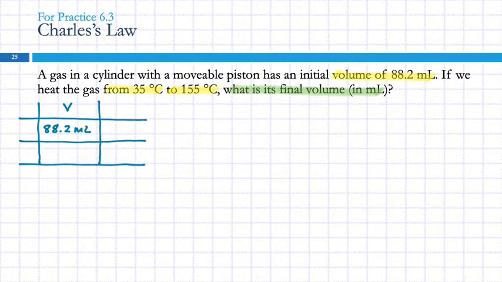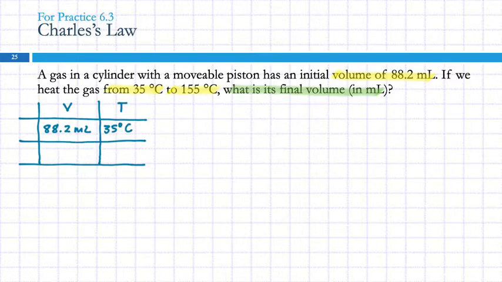If we heat the gas from 35 to 155, so we're going to have temperatures over here. It's starting at 88.2, and it's starting at this temperature, right? So the 35 degrees Celsius goes with this is the starting volume.